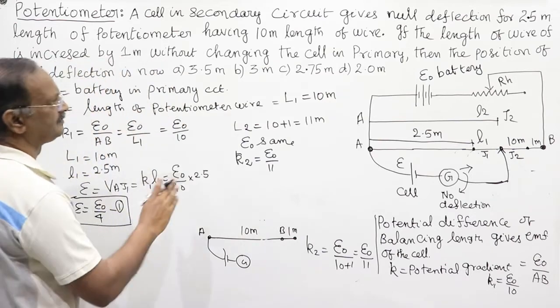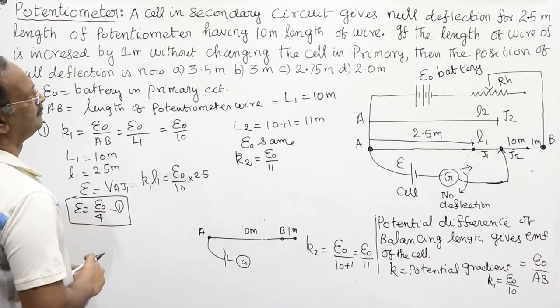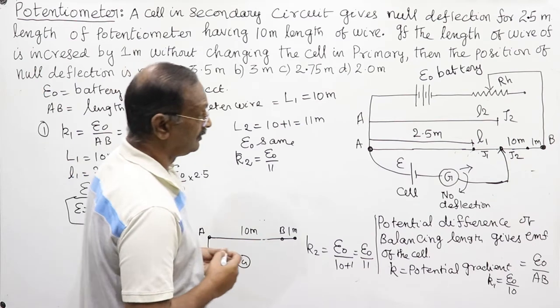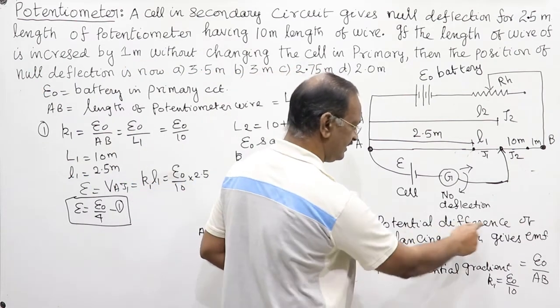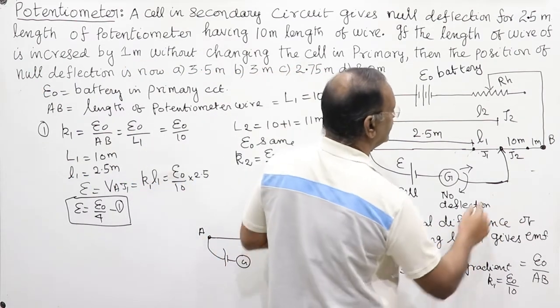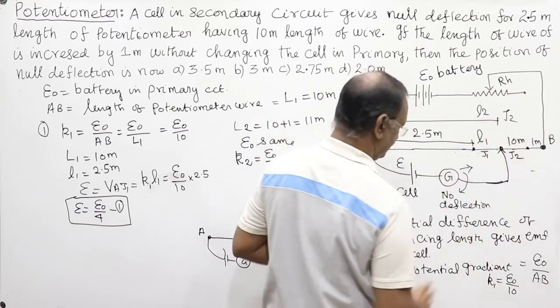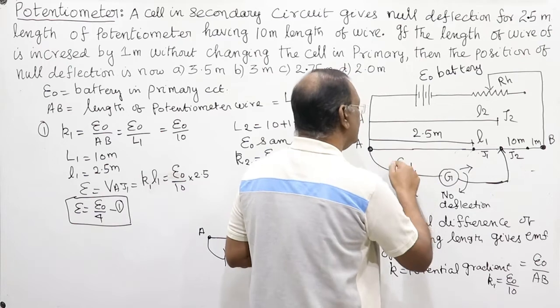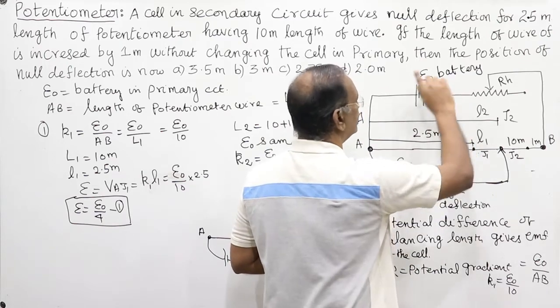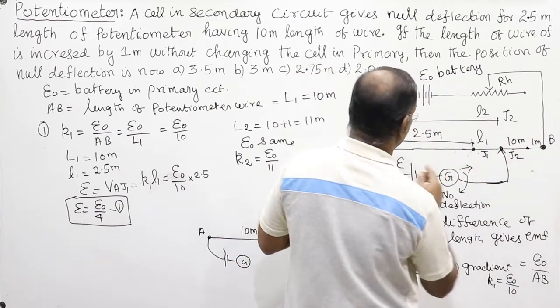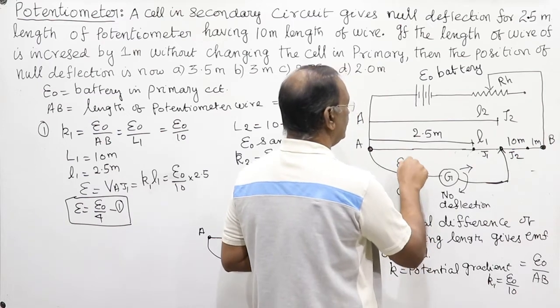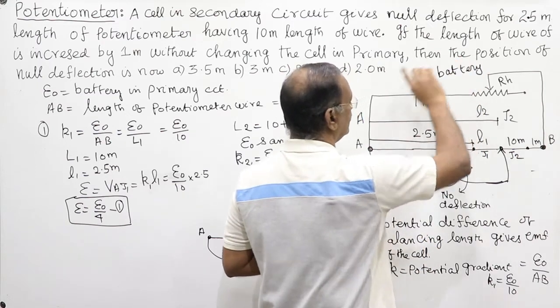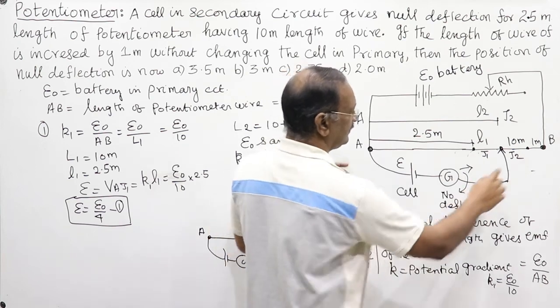So K2 is equal to epsilon naught by 11, and now in this case we have already seen the potential difference of the balancing length. This balancing length now gives the EMF of the cell, because this is not changed and this is not changed. Only the length is changed, while the cell's EMF and the battery EMF are not changed.